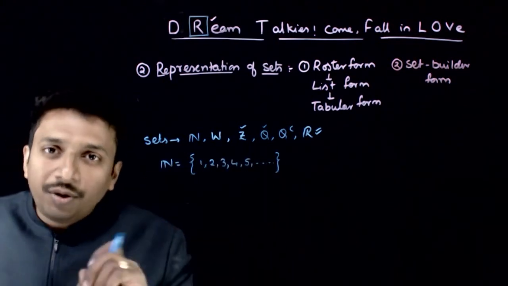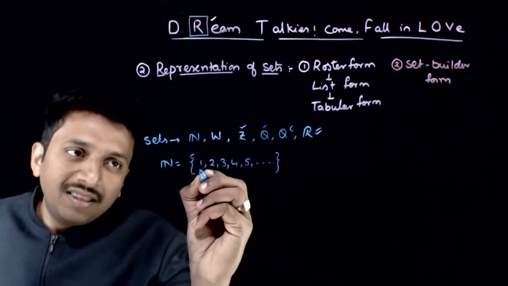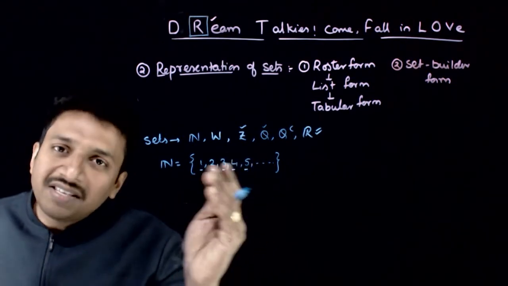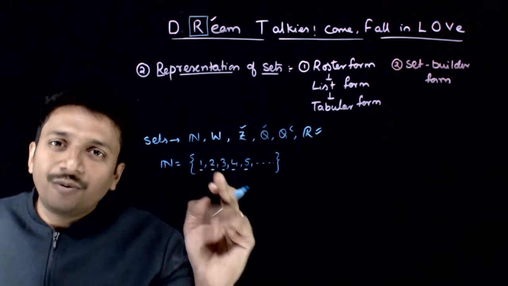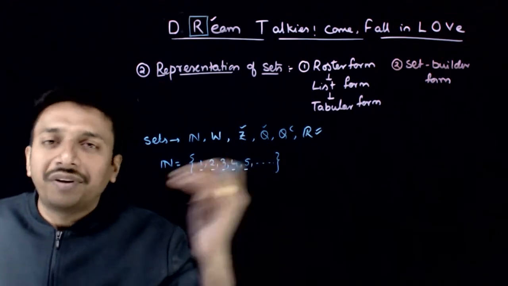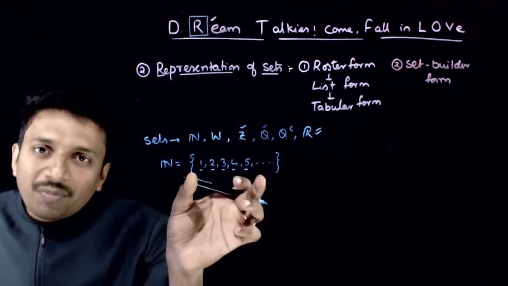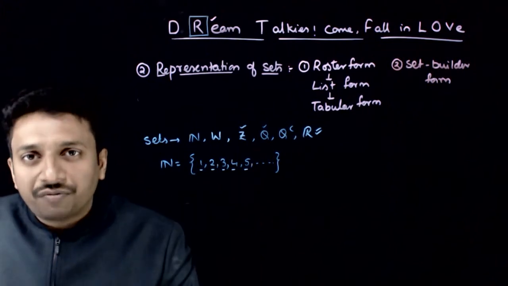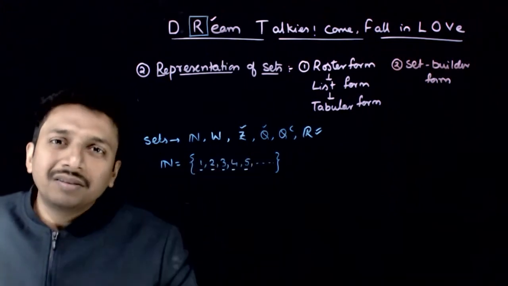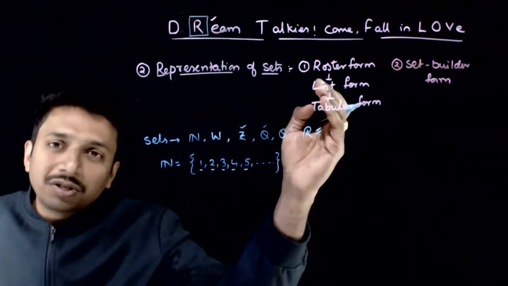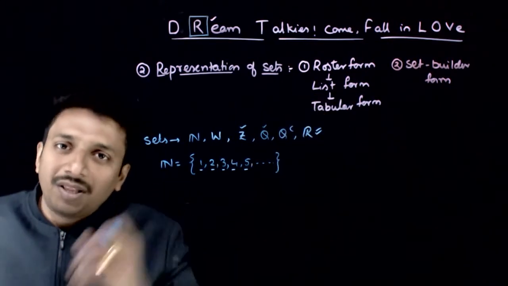That is what we usually do for sets. And each of these elements is listed, that is 1, 2, 3, 4, 5. All the numbers are listed one after the other. This type of representation is called roster form. That is, you list all the numbers. That's why it's also called list form or tabular form. You tabulate all the numbers.